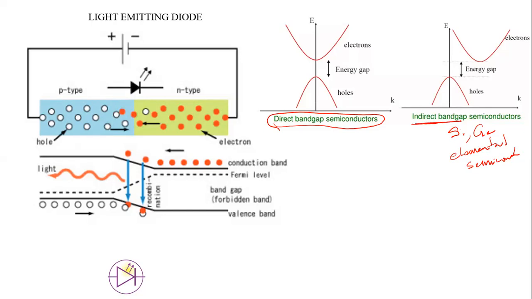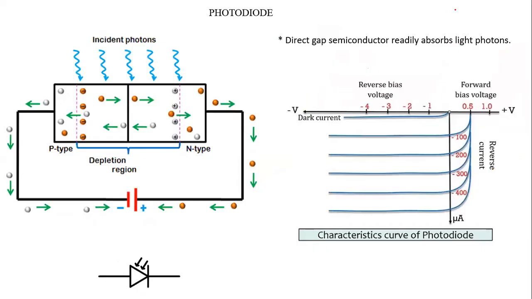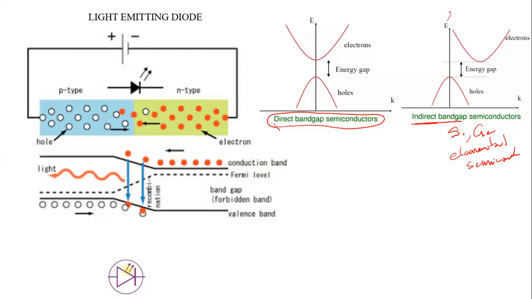So what is an indirect band gap? When we consider actual semiconductors, actual materials, the energy versus K curve is what determines the property of the material.